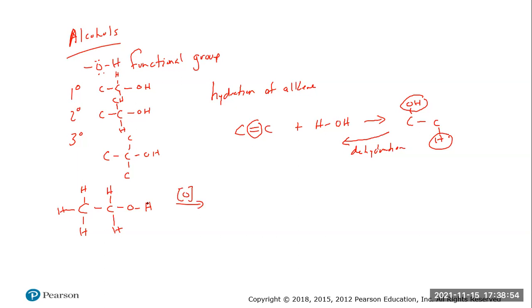Always what happens is we're going to take off a hydrogen from the OH and a hydrogen from the carbon that's attached there, and that's going to give us our H2 that comes off. And remember, as we talked about, nothing else changes other than we're going to now make a double bond where we took out the hydrogens. And we end up with this guy right here, which is the functional group of an aldehyde.